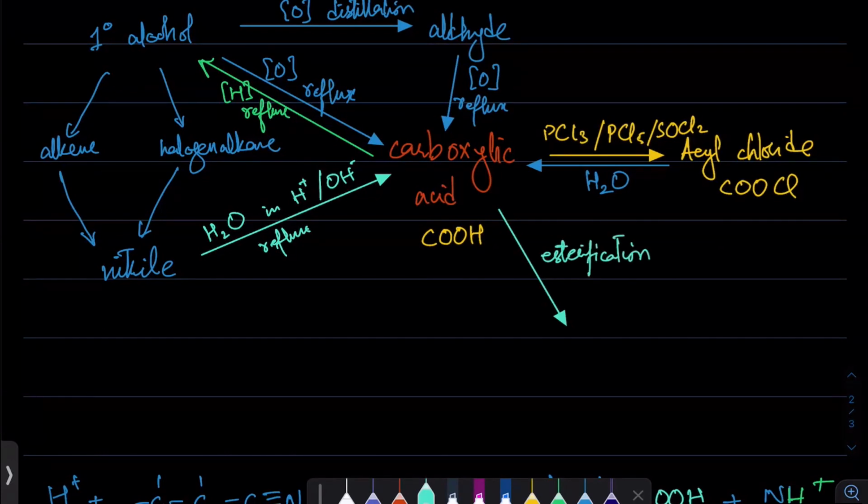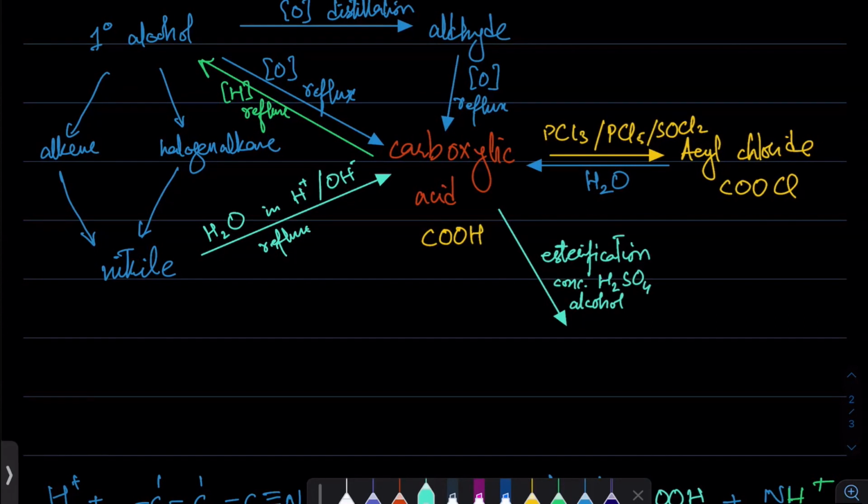Esterification में क्या होता है कि you use concentrated sulfuric acid. Why? Because you want to remove water. And you do it with an alcohol. ठीक है? हमें जितने भी क्वेश्चन आएंगे वो प्राइमरी अल्कोहल के आएंगे. सेकेंडरी अल्कोहल करते हैं बट वो हमें क्वेश्चन उस पर इतना आना ही नहीं है.